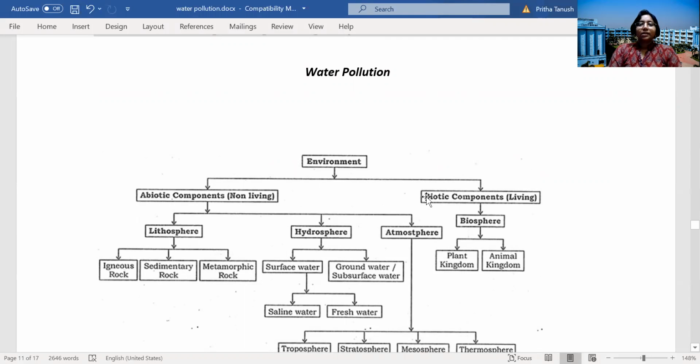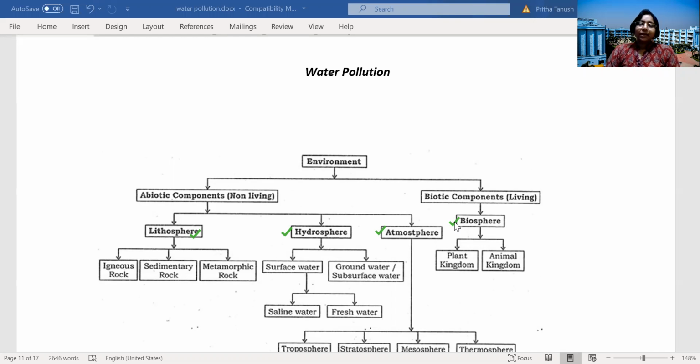First is the atmosphere, then hydrosphere, then lithosphere and biosphere. Atmosphere is the sphere of air, and hydrosphere is the sphere of water. Lithosphere is basically about the land, and biosphere means all living organisms. These are plant kingdom and animal kingdom.